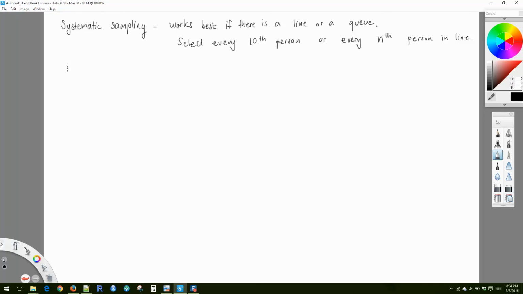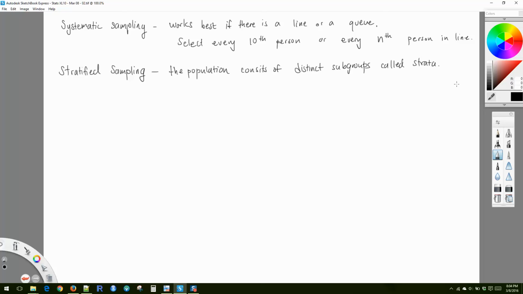Okay, we have stratified sampling. So with stratified sampling, the population consists of kind of distinct subgroups called strata.